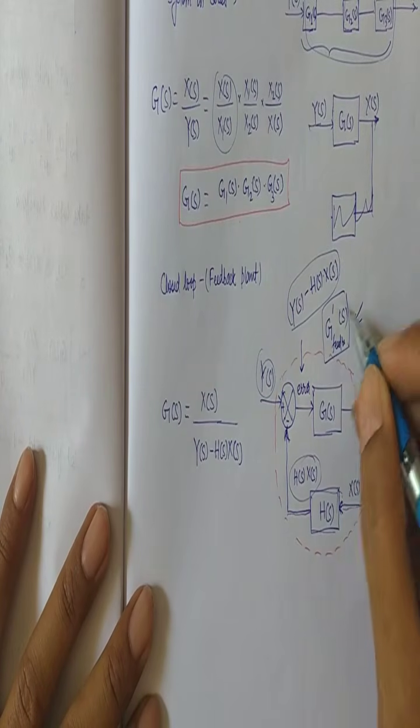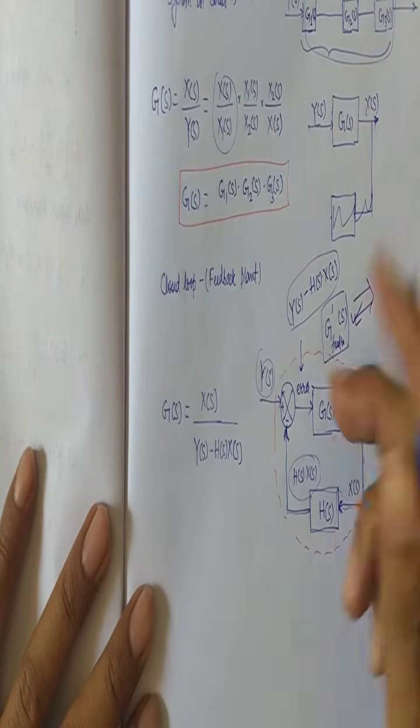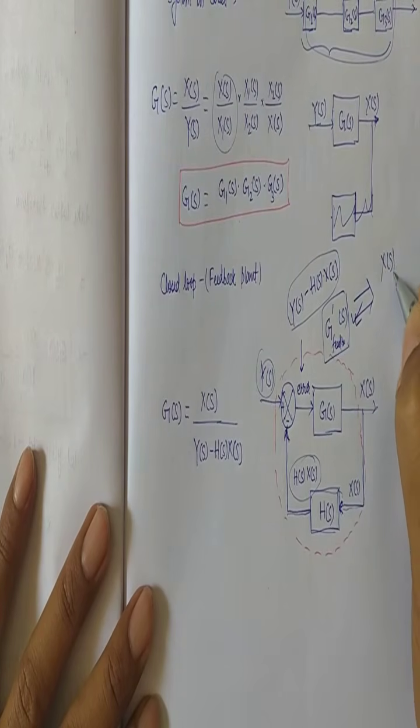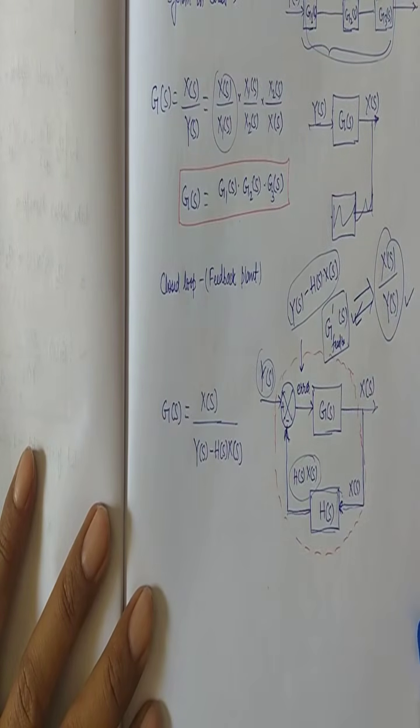And we want G dash. So what is my G dash? Basically G dash is nothing but XS by YS. This is what I want, and we need to find it from here.